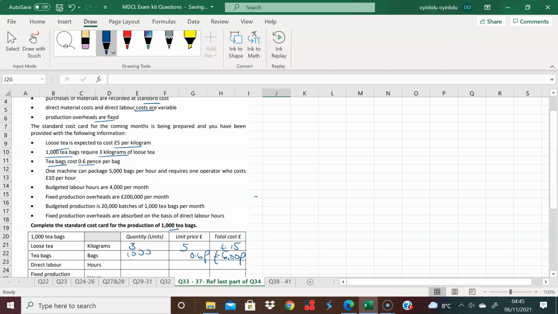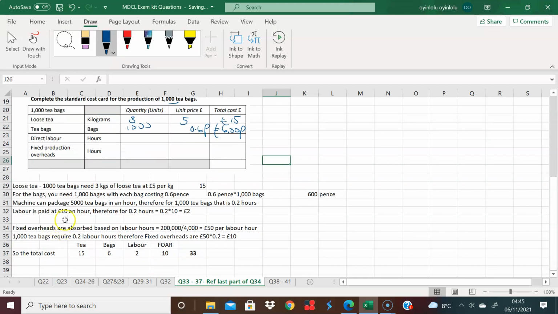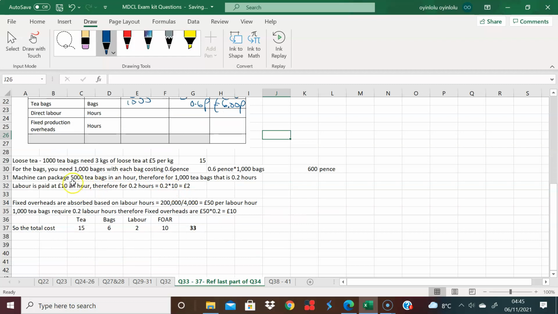Direct labor. I did the workings down here. It says the machine can pack 5,000 tea bags in an hour, and it needs an operator who is paid £10 an hour.